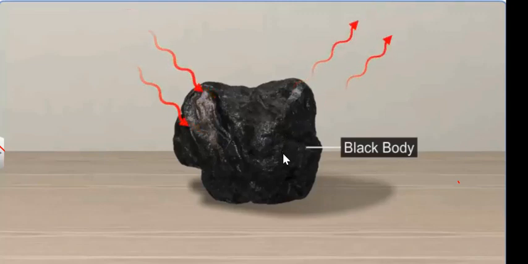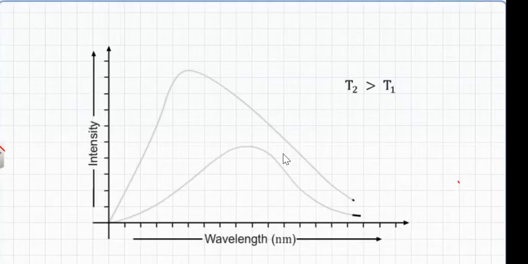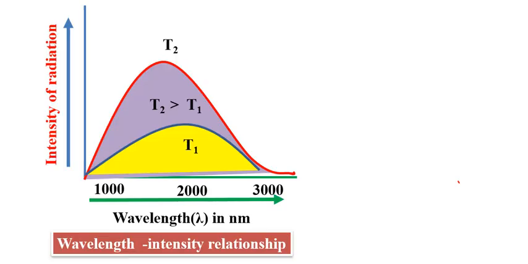So when they observed at different temperatures, they observed these two graphs. In this graph we can observe that at lower temperature and higher temperature, the peak is at low wavelength. Low wavelength means more frequency and more energy, we can say. At higher temperature, more energetic particles are maximum.